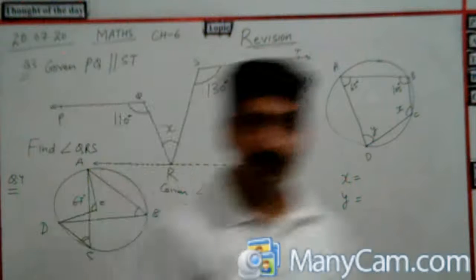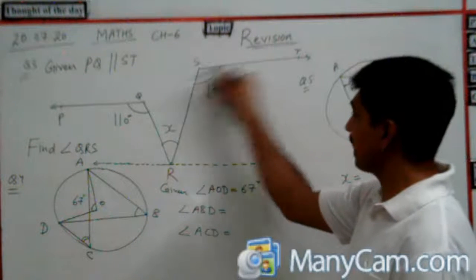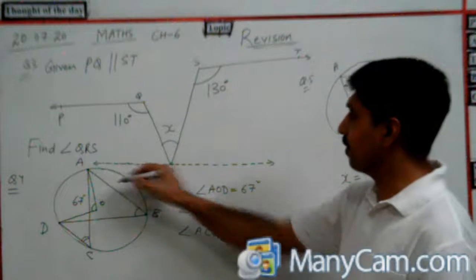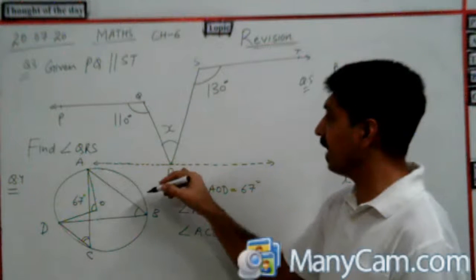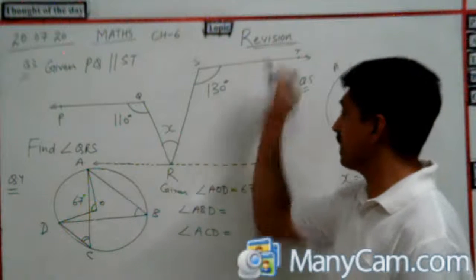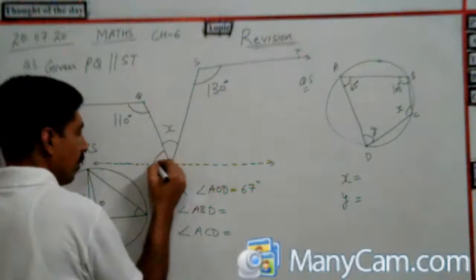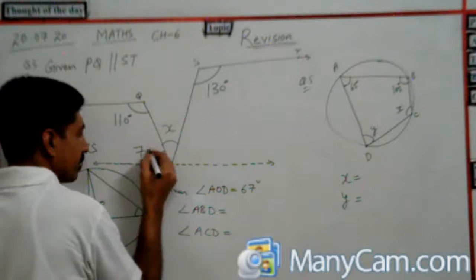We have these two lines, PQ and ST, parallel to each other. If I draw a third line through R parallel to PQ, this line will be parallel to ST also. So here this angle will be of 70 degrees.